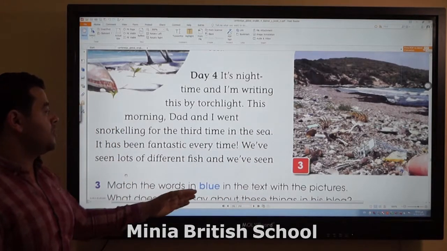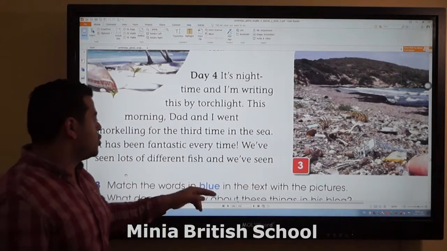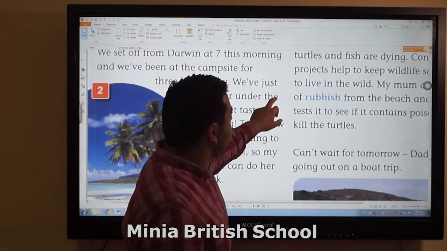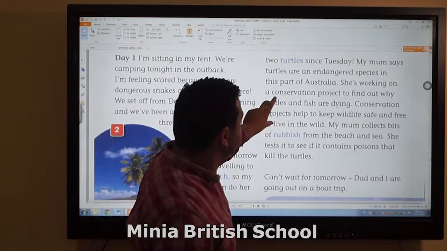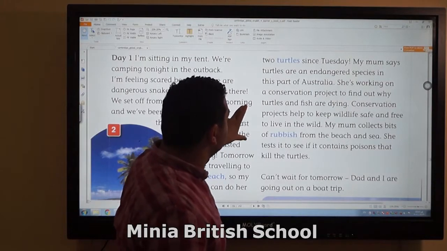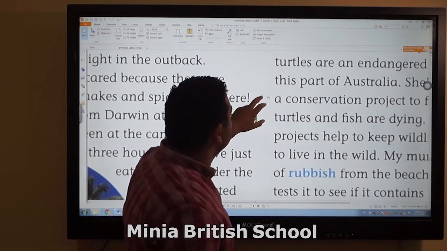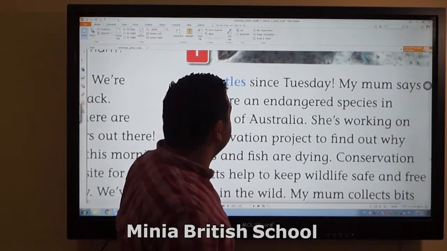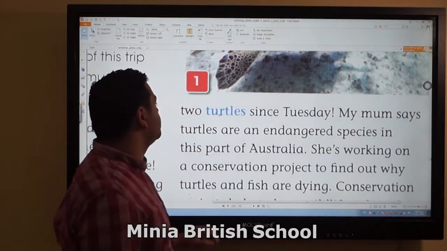We've seen lots of different fish, and we've seen two turtles since Tuesday.